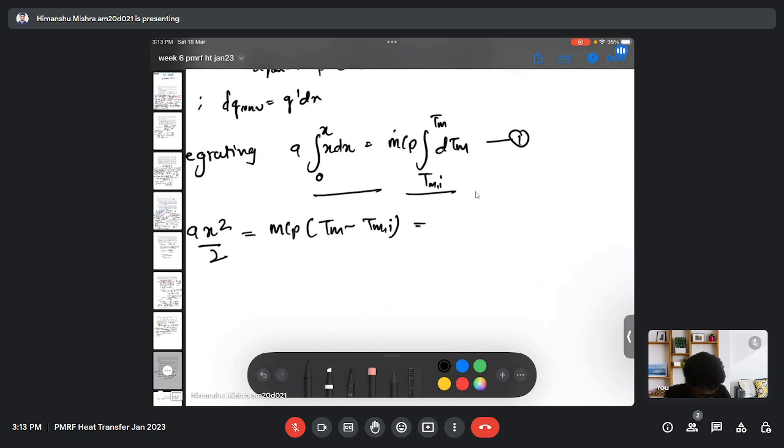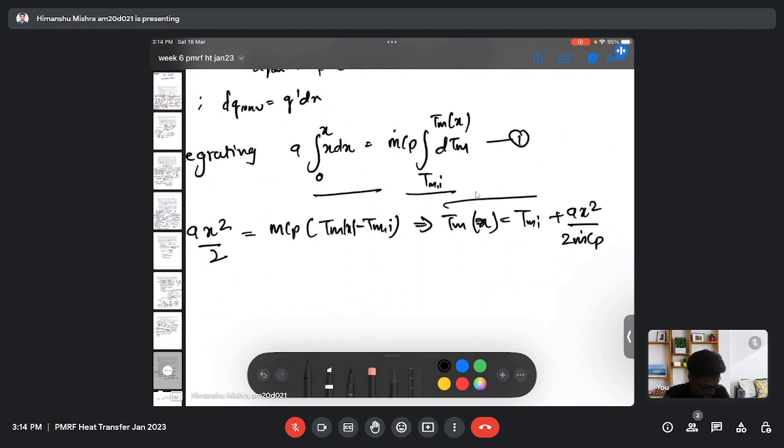and I can define my Tm as a function of x. So here my Tm is a function of x. It is unknown because we need to specify the location x to determine Tm(x). At different locations x, my Tm will be changing. So my Tm(x) will be Tmi plus A x square over 2 m dot Cp.